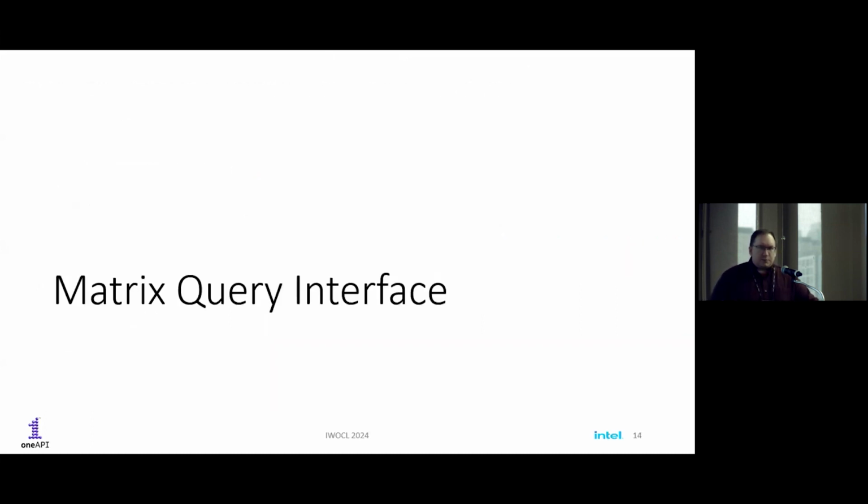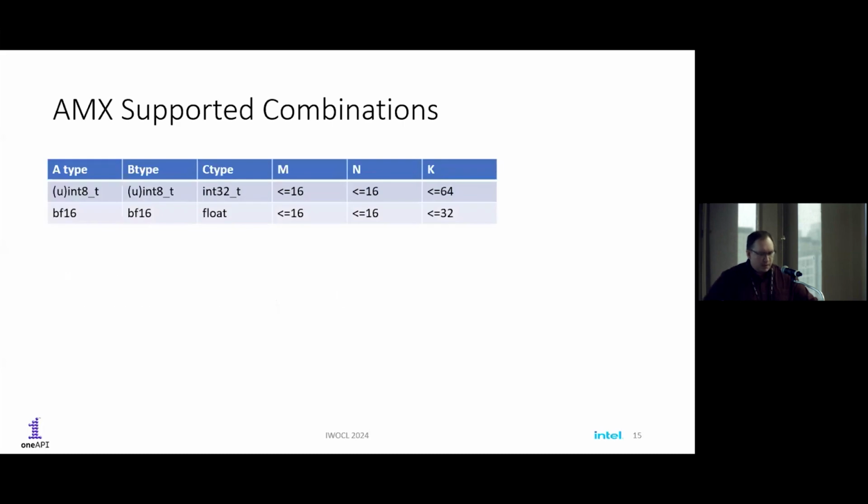So next we'll get into the query interface, which is a very important thing to be able to actually use this correctly and efficiently on your hardware. So we'll go into some various supported combinations on the 3 types of hardware I mentioned. On the Xeon CPUs, we support basically 2 combinations.